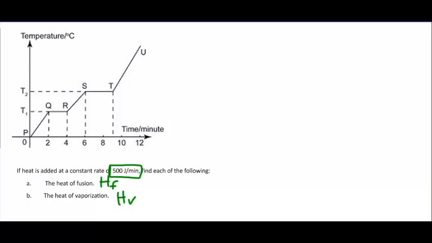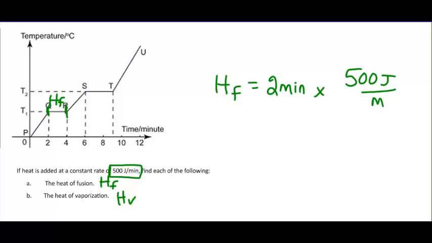Every minute is 500 joules of energy. Remember where heat of fusion is? This is HF. How long is HF? How long does it take to melt? 2 minutes. It starts melting at 2, it's done melting at 4. So the heat of fusion is 2 minutes worth of adding energy. And each minute you add 500 joules.